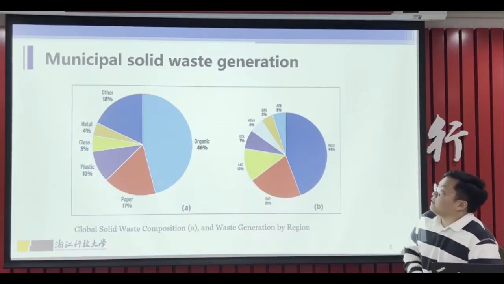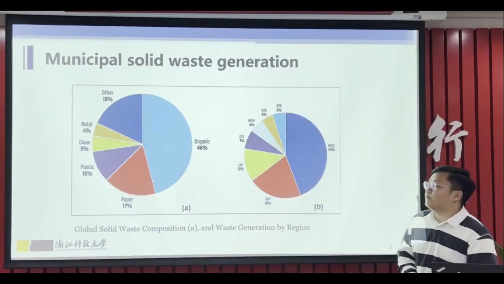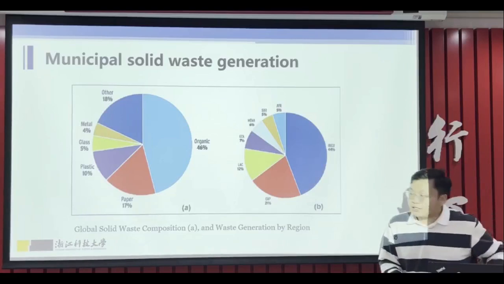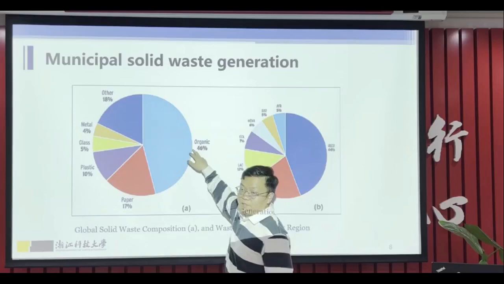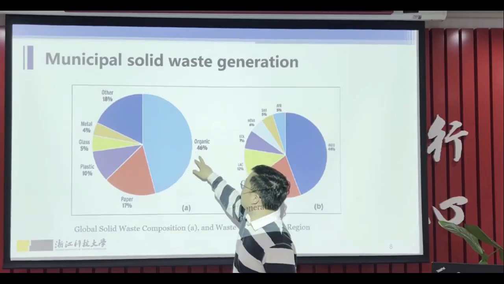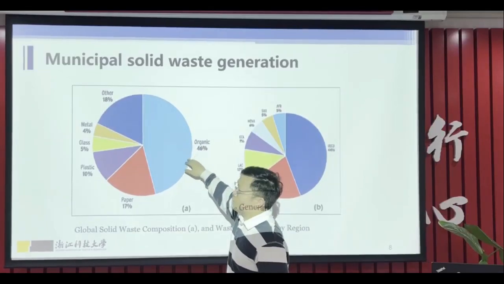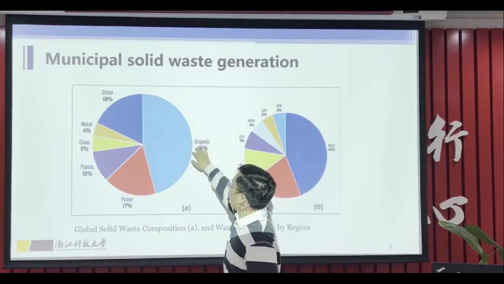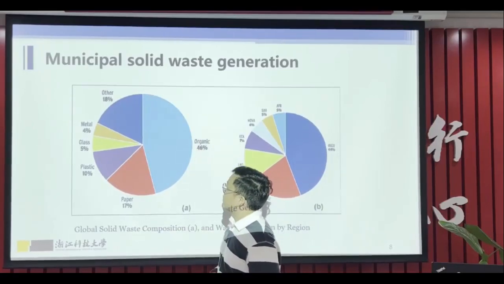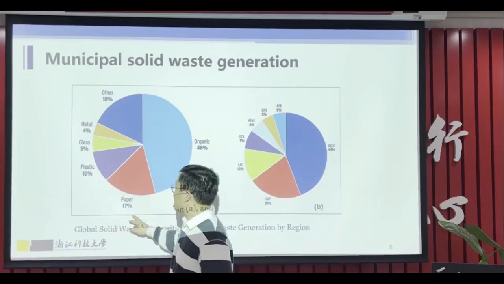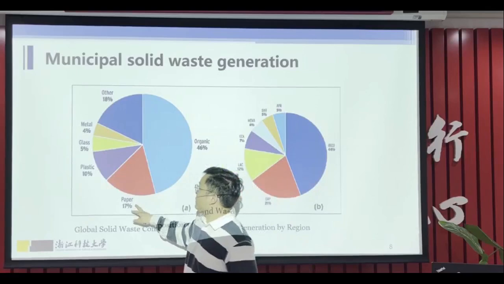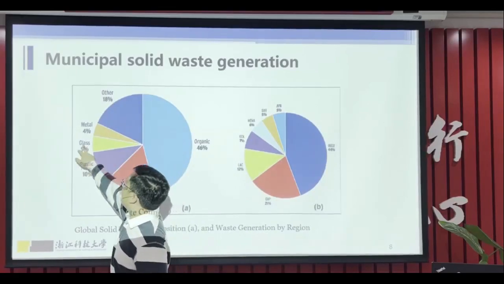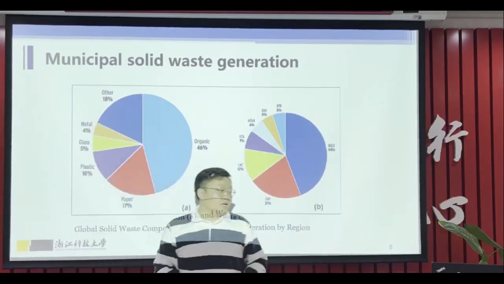And as for the composition of municipal solid waste, we can see the most important part is the organic waste, which we also call food waste. And then there are some recyclables, for example paper waste, plastic waste, glass waste, metal waste, and other wastes.